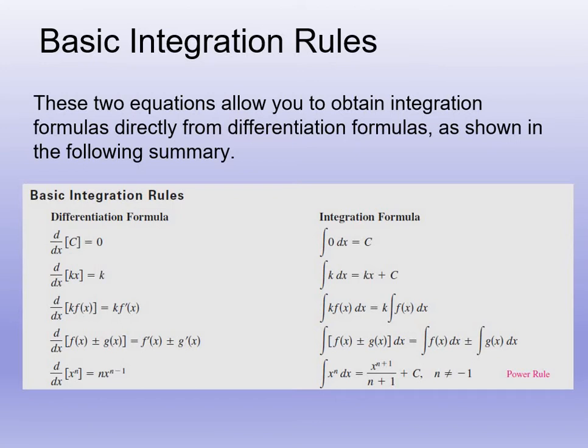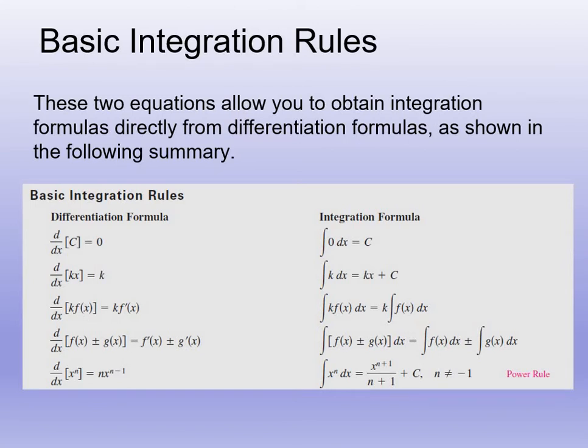We've done everything on the left-hand side. Now everything that's new to us is on the right-hand side. So if I integrate 0 dx, I'm left with some sort of constant c. If I integrate k dx, I'm going to be left with kx plus c.